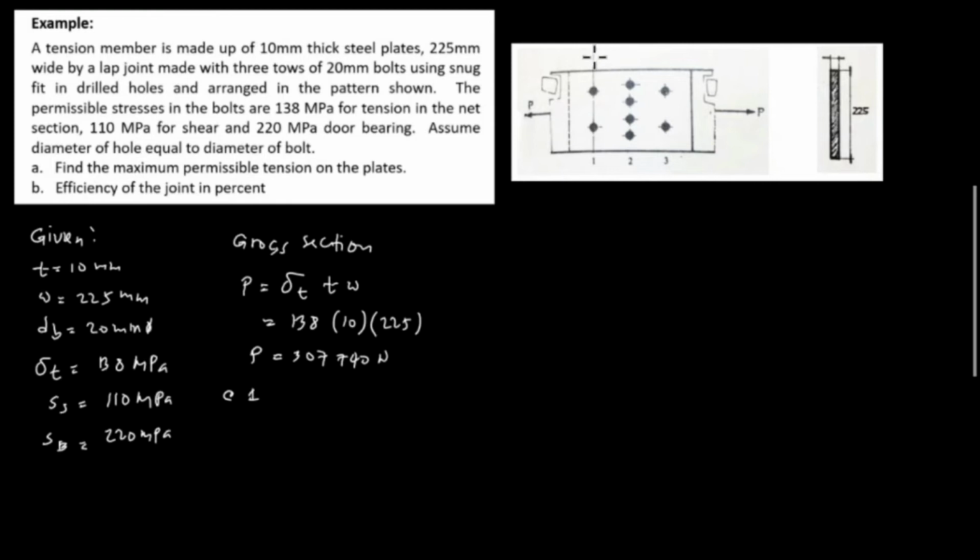For the tearing plate at section 1, in this direction, we cut it out, and we have the force P1, which is the tensile stress multiplied by the thickness and the formula for tearing, which is the width minus twice the diameter of the bolt.